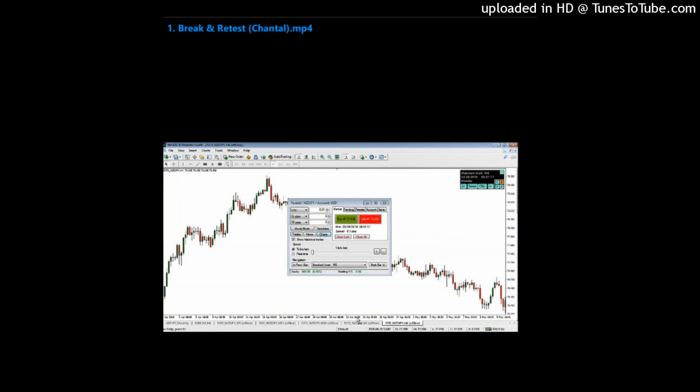Okay, so now I'm looking at this candle over here. This looks like it formed a lower low. This was our high, and I need to see on an M30 see what it looks like.